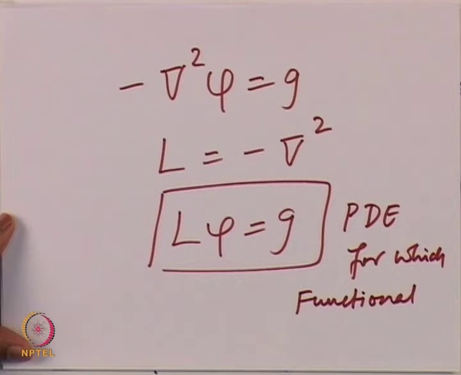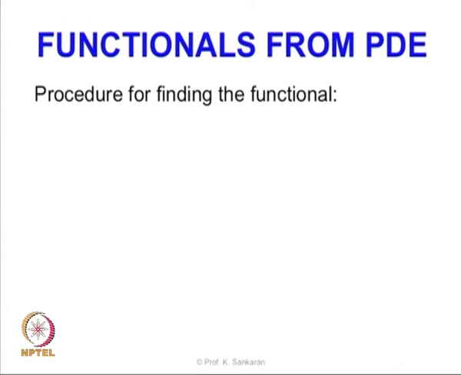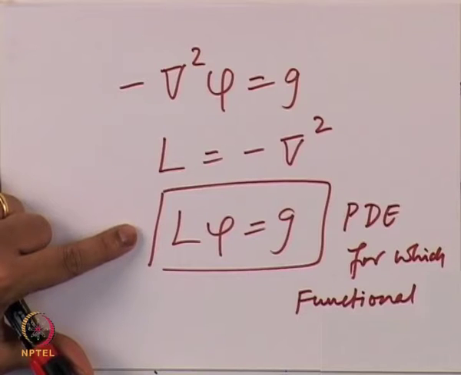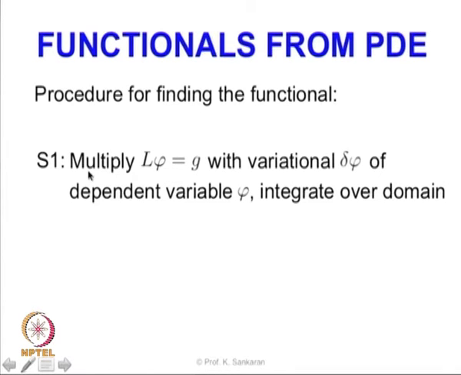The first step is to multiply this particular PDE with a variation, so in step 1, as you can see in the slide, multiply the PDE with a variation written as delta phi of the dependent variable phi, and integrate it over the domain.